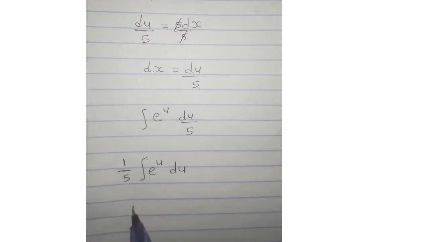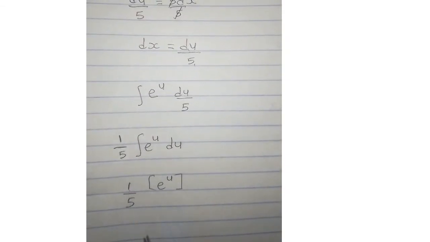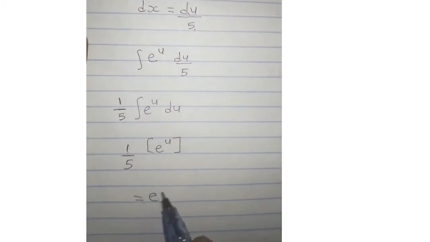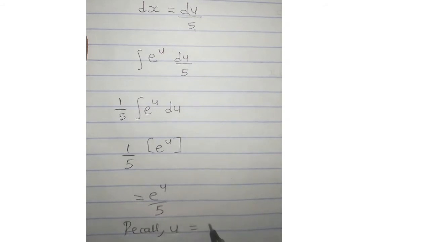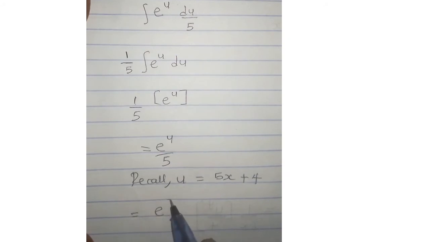So we're going to have 1/5 exponential u, which is exponential u all over 5. And you recall that our u is equal to 5x plus 4. So putting it in, we're going to have exponential 5x plus 4 all over 5 plus c. So this is the answer.